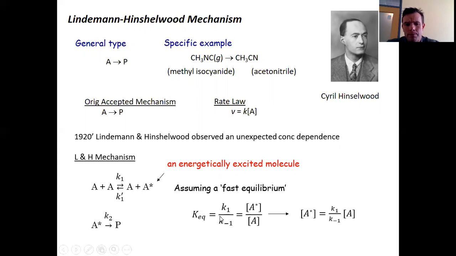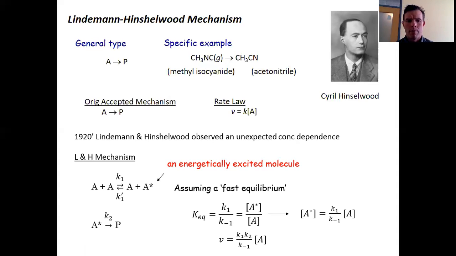And if that's true, then the expression that we just talked about would apply. Forward and reverse rates are equal, and the equilibrium constant is forward divided by reverse. I can solve this for A star, plug A star into step 2, and you get some simple first order reaction.